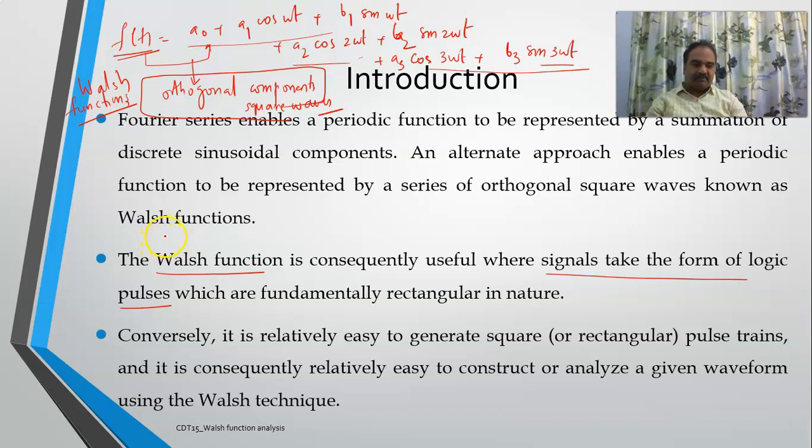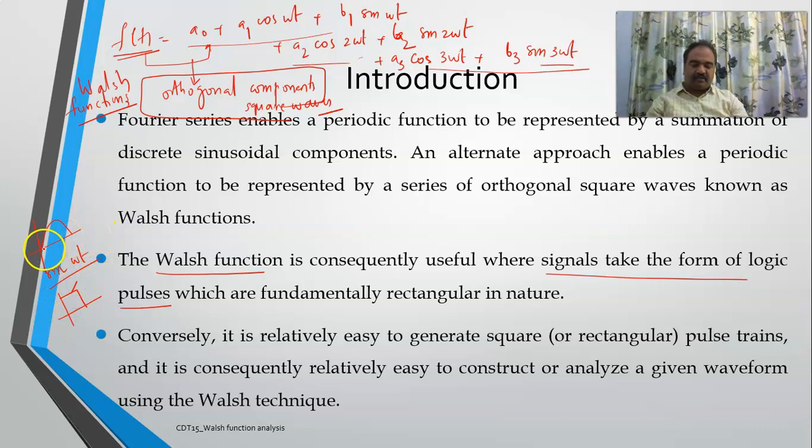when we think about generating a sinusoidal technique, we need to write a particular equation. It is just like sine omega t. But whereas in case of a square pulse train, all you need is to represent this particular value from this duration to this duration.